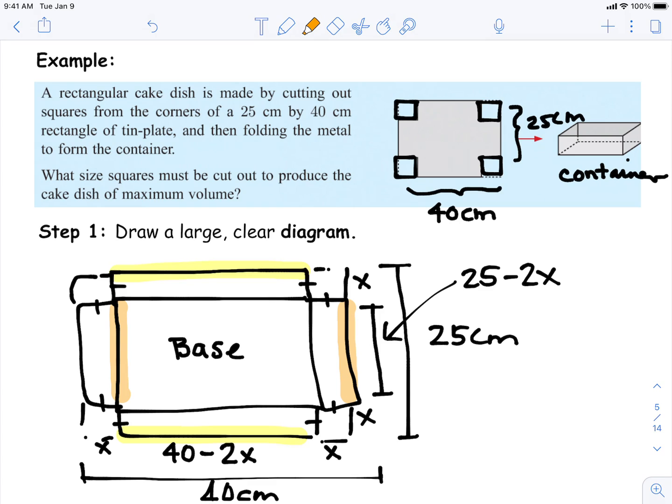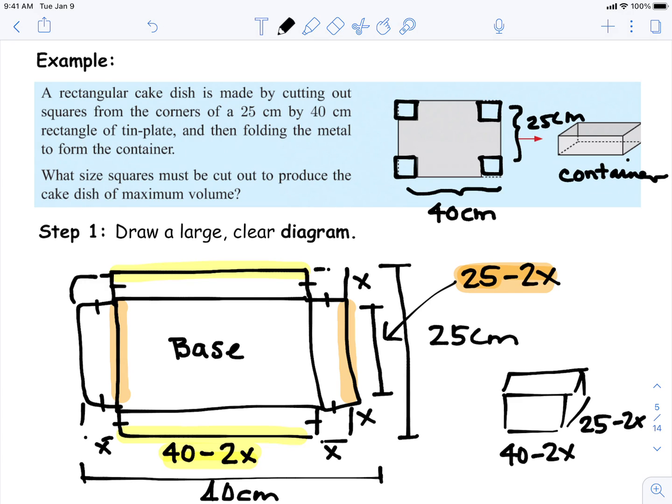So I'm going to highlight this expression and this expression. So when we fold it up, this side is 40 minus 2X. This width is 25 minus 2X. And that height of the container is X.